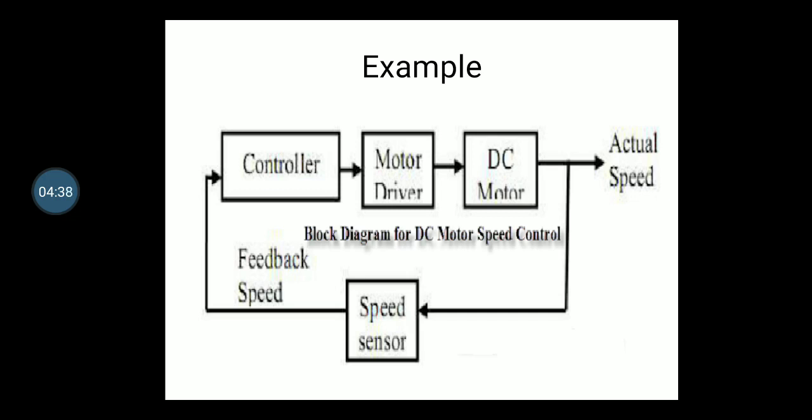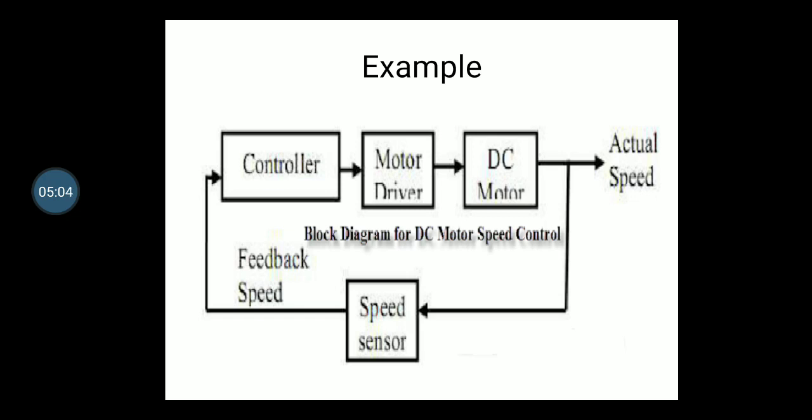So what will happen? It will increase the speed from 1000 to 1100. Okay, now again the 1100 speed will be sensed by the sensor, and it will again come back to the controller. Now again the controller will see that, okay, now the speed is 1100 and the command is 1200. So I need 100 rpm more.